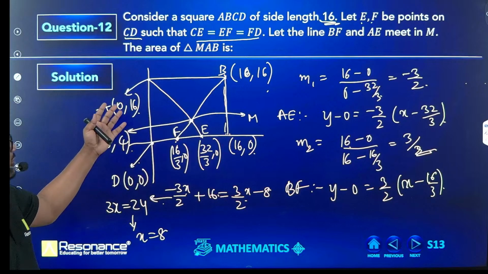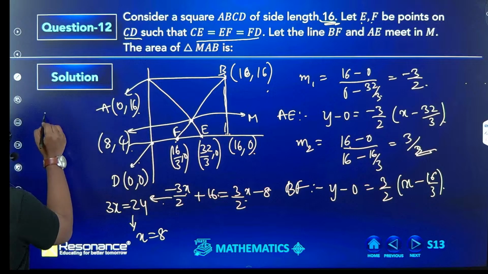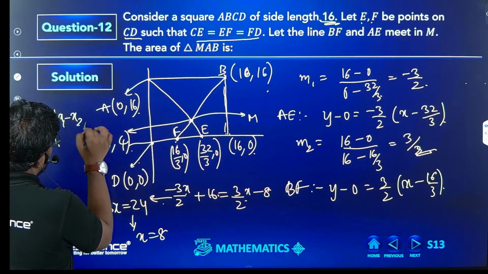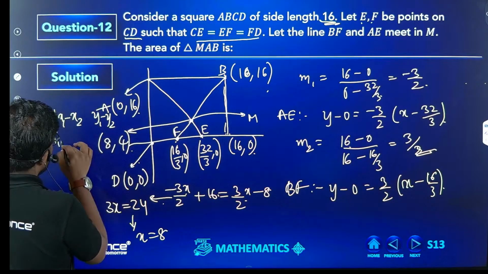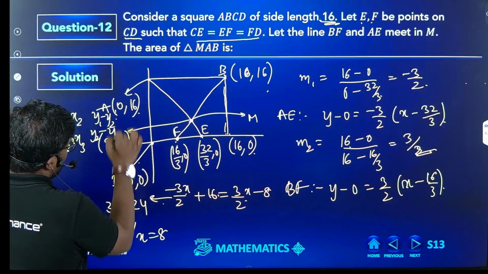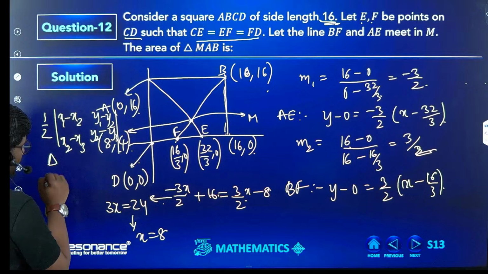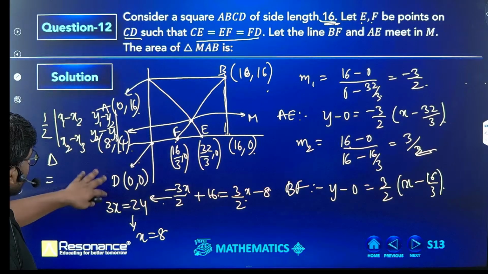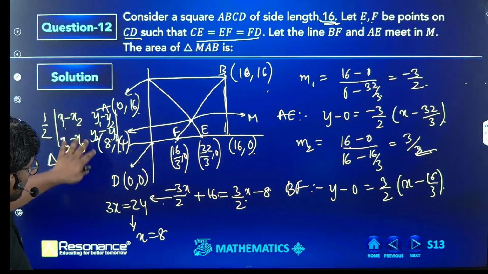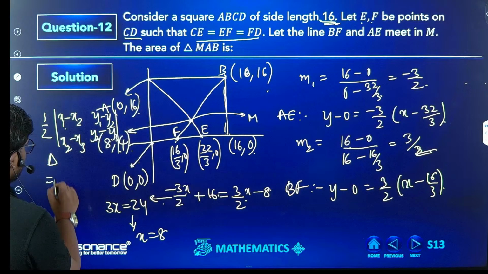Now for vertices (x1, y1), (x2, y2) and (x3, y3), the area would be half of x1 minus x2, y1 minus y2, x2 minus x3 and y2 minus y3. So substituting the values of all the coordinates that we know, this turns into 8 minus 0, 8.